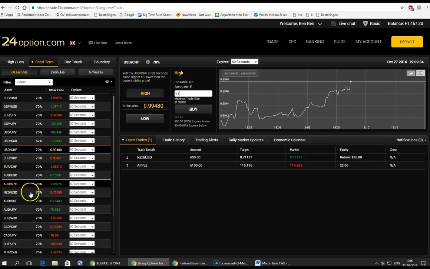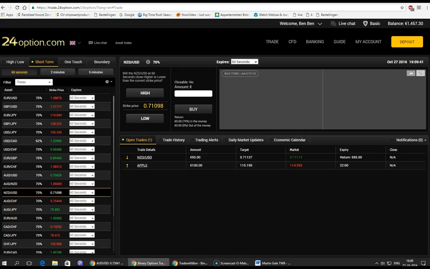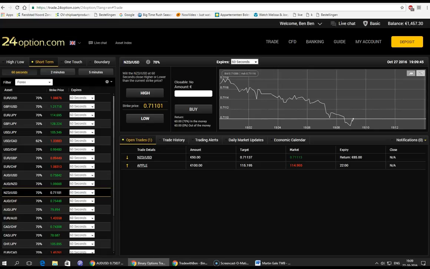But the New Zealand US dollar broke all the support it had. It's on the lowest point of the day right now.